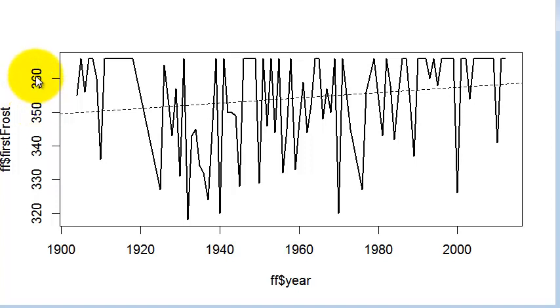So 365 is the last day of the year, and we can see that a lot of times the first frost happens after the end of the year, and it's happening much more frequently recently. So our first frost day is getting delayed quite a bit. If I were to count also January and February, this trend would be even stronger, probably around 10 days.